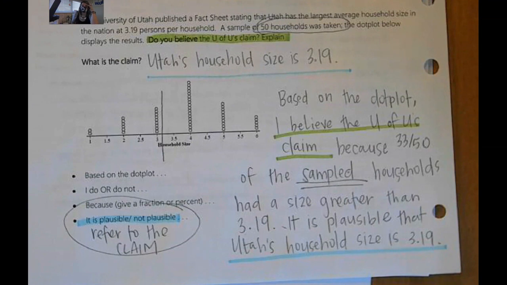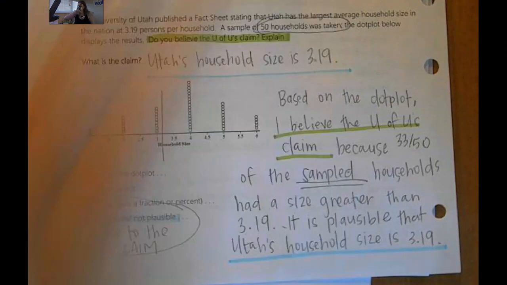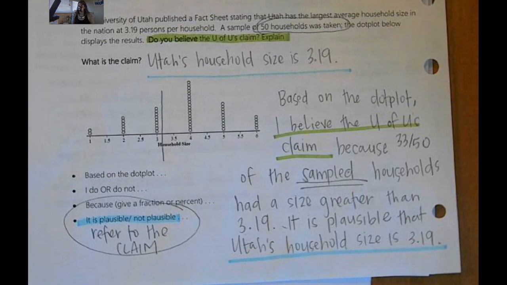So Mia is asking if the claim is that Utah's household size is 3.19, and we are looking at all of the dots that are bigger than that, why are we agreeing with the claim? Because the claim is that it is 3.19, but then we go in and look at our dots and we look at all of the dots that are bigger than that. I'm understanding your question, right?